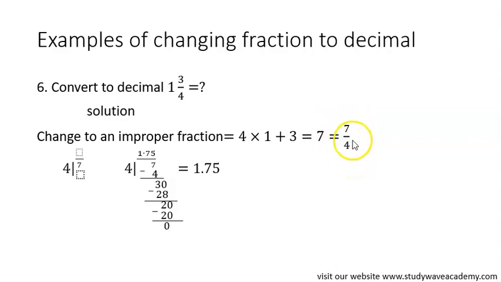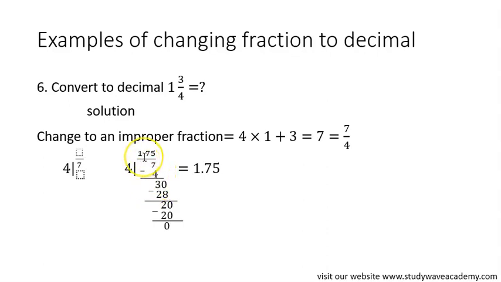So we have to change 7 over 4 to decimal. Okay? So we write out 4 and 7, the long division method. Can 4 go into 7? Yes, it will go once. So you write out 1, and 1 times 4 will give you 4. 7 minus 4 is 3.